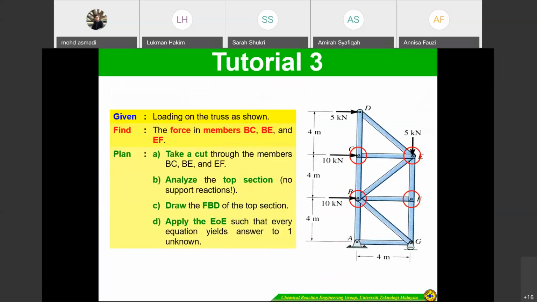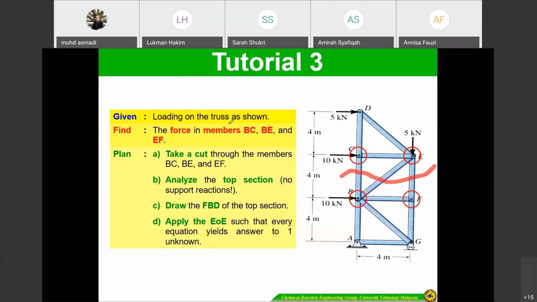How about this one? Since you cut here, right, what's the free body diagram?